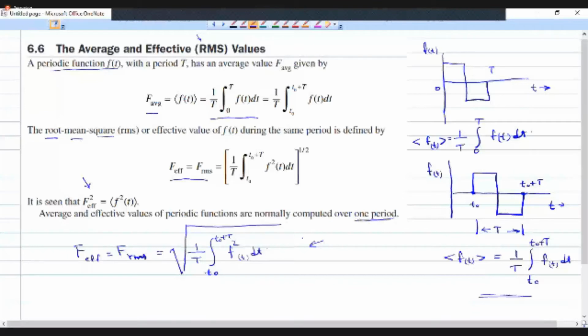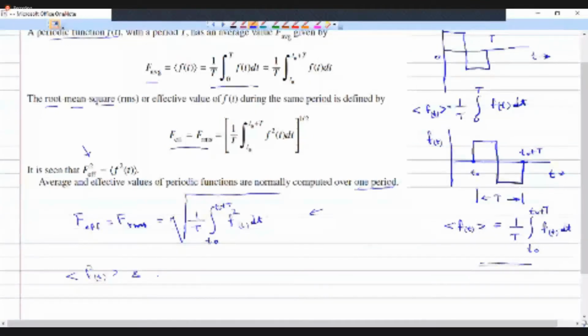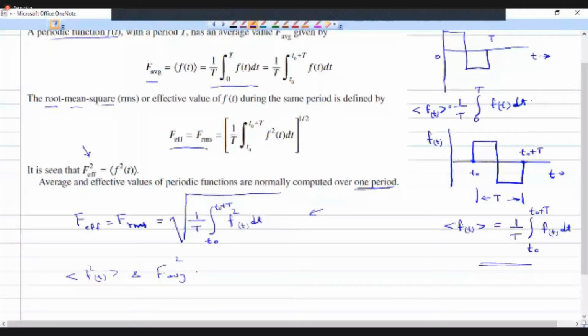Now, I hope you are able to appreciate this relationship. I want you to notice the difference between f square of t and f average square, which is f of t the whole square.